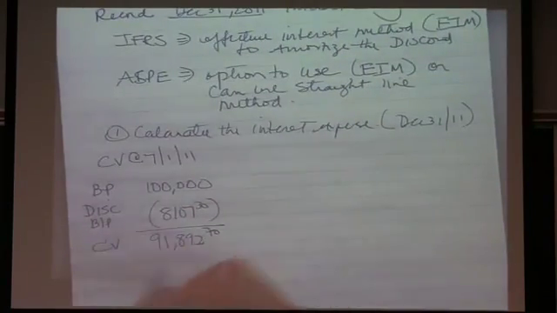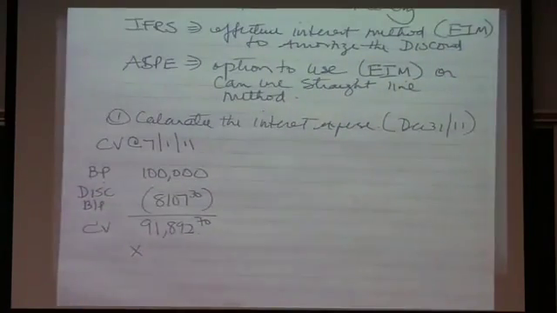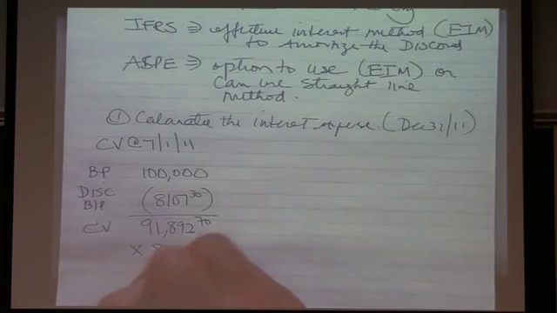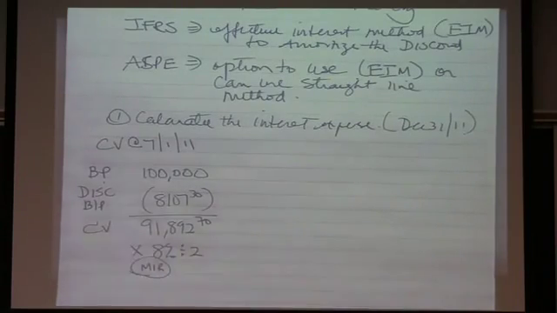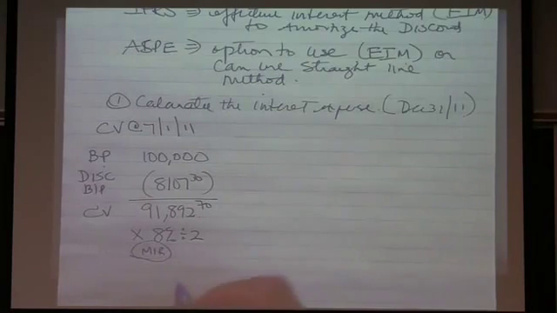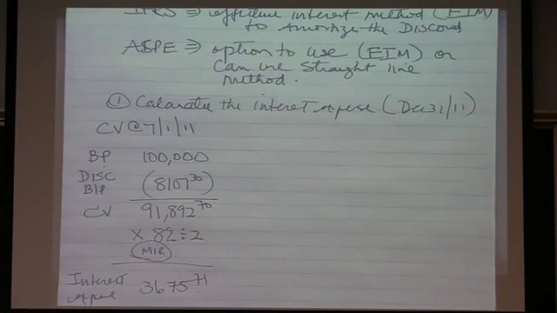We're going to multiply this carrying value, which is our liability, times 8%, which is market rate, divided by 2, because it's paid twice a year. Remember, we're only calculating for 6 months here. To give us the interest expense of $3,675.71.